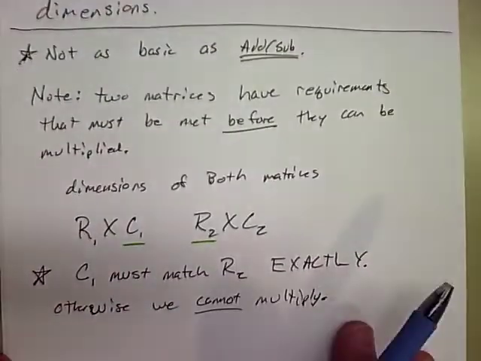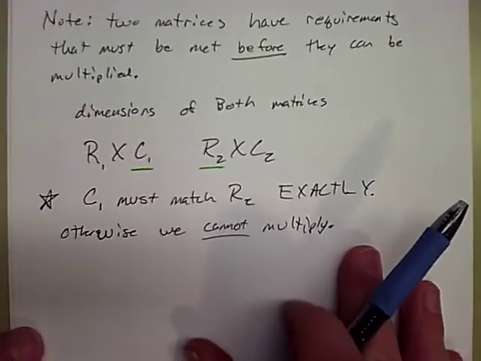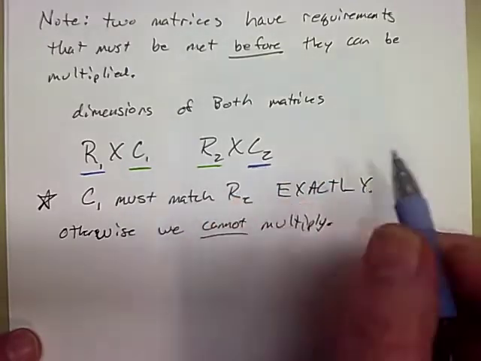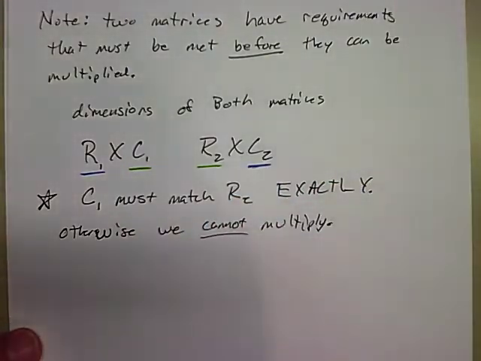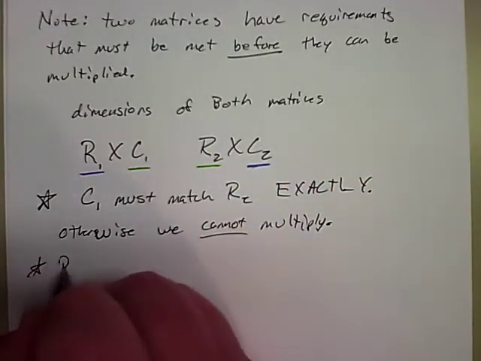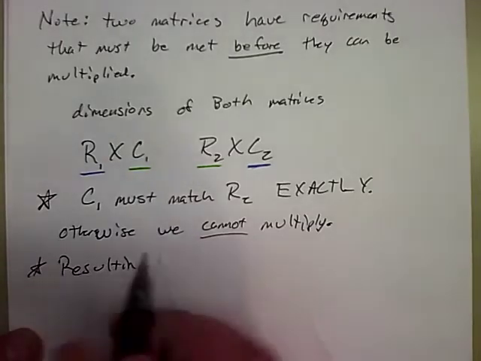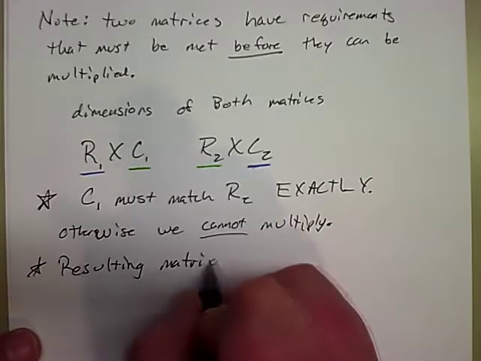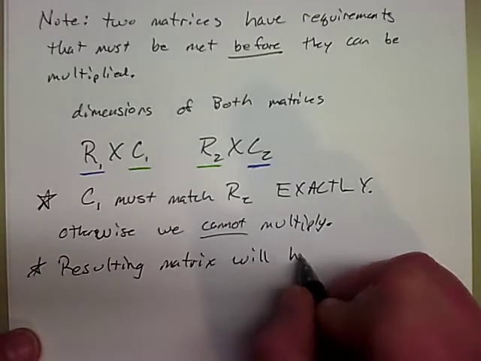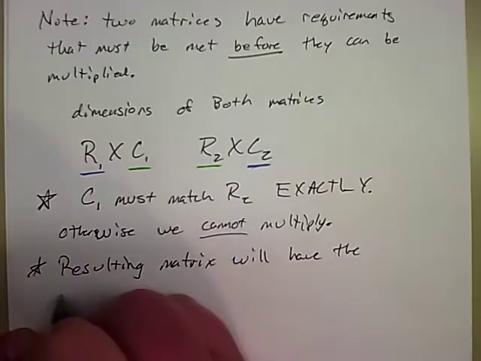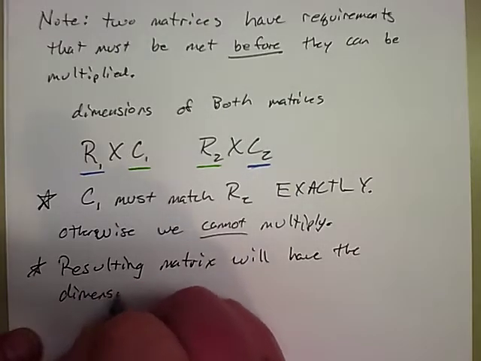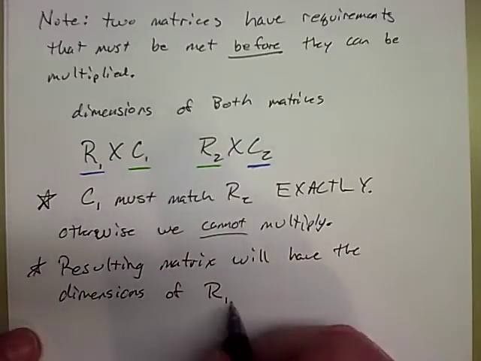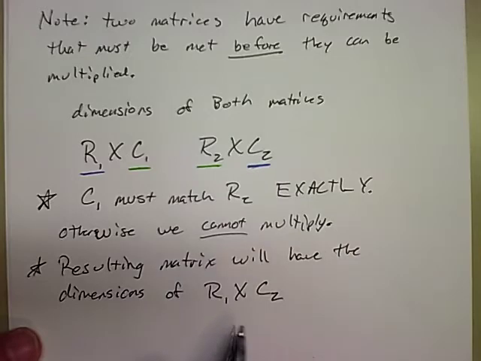Here's the other cool thing about this, is that the resulting matrix is going to be R1 by C2. So, the second step, the resulting matrix, the second notes that I want you to take here, the resulting matrix will have the dimensions of row 1 by column 2.